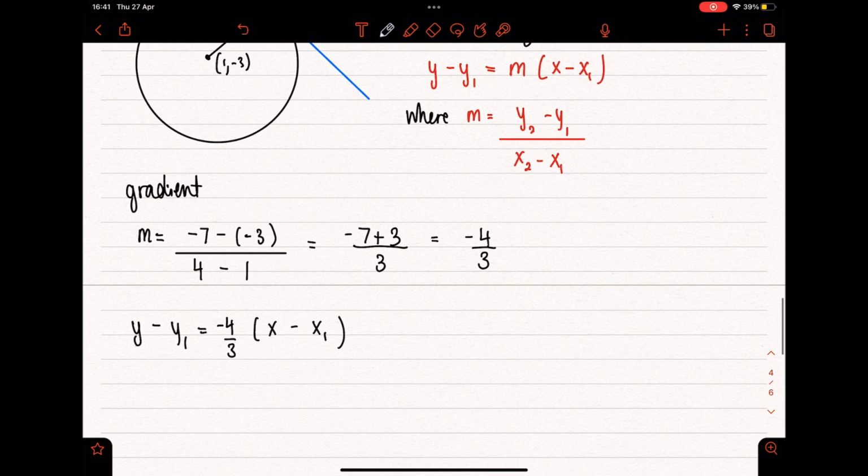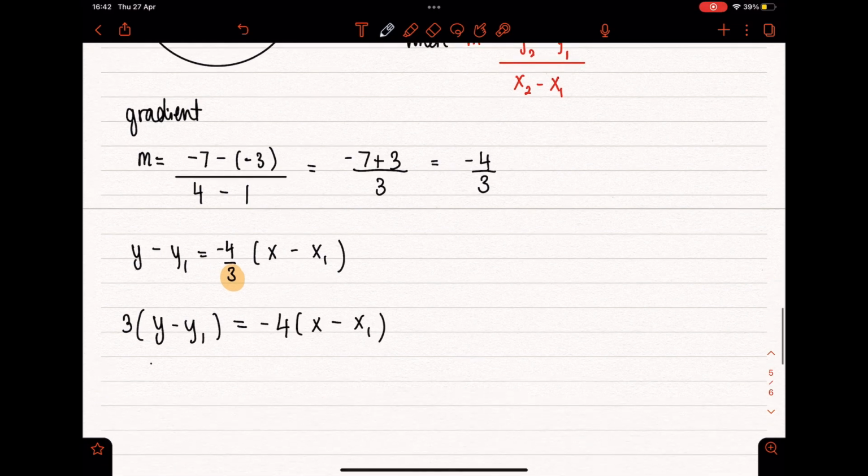So now in order to get rid of the fraction, to get rid of the 3, we can multiply both sides by 3 to obtain 3 all multiplied by (y minus y1) is equal to minus 4 all multiplied by (x minus x1).